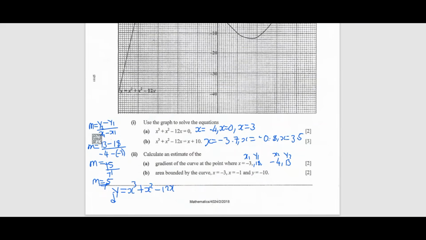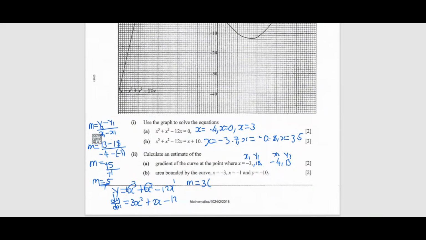So let's find dy over dx. Our 3 will come down here. This will become 3x, 3 minus 1, which is 2, plus if we bring our 2 here, this will be 2x, 2 minus 1 is just 1, minus the derivative of x raised to the power 1 is just 1, which is 12.